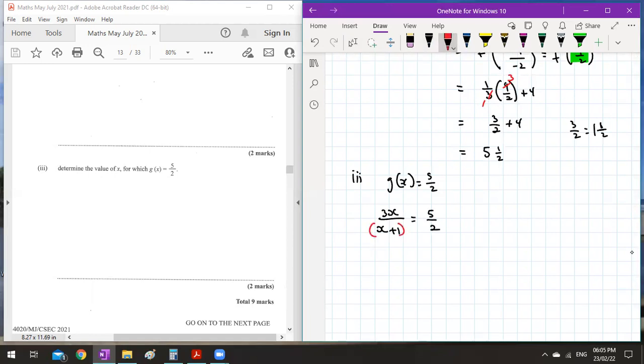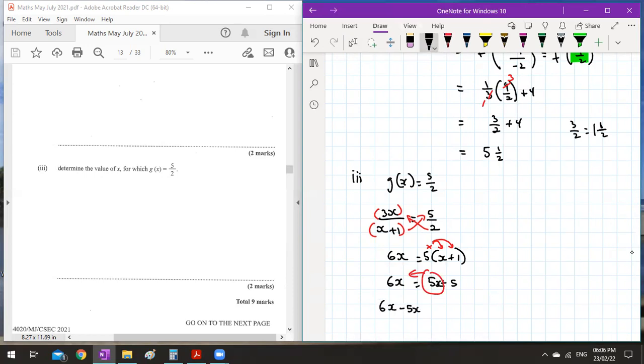Now, I'm going to put this in a bracket, and cross multiply to get rid of the fractions. So 3x will multiply by 2 to give us 6x, and 5 multiplied by x plus 1, we could simplify that after by removing the brackets, multiplying the 5 by each, 5x plus 5, and I want only x's on one side, so I will carry this to the left and it will become negative 6x.